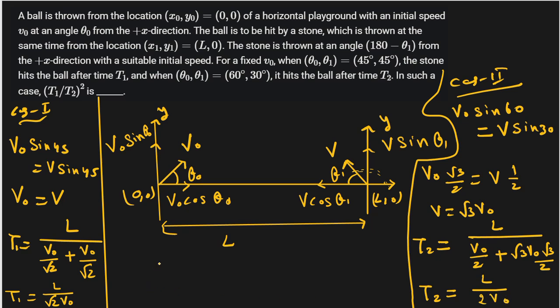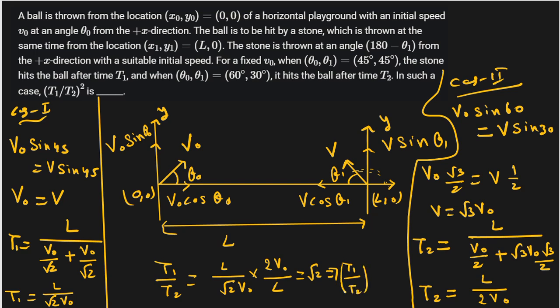Now if you calculate T1 by T2, you get L by root 2 V naught multiplied by 2 V naught by L. L cancels, V naught cancels, 2 by root 2 is equal to root 2, or we can write T1 by T2 whole square is equal to 2. So the correct answer for this question is 2.